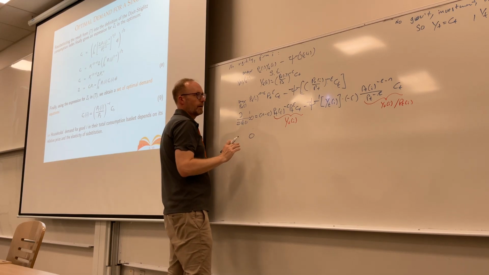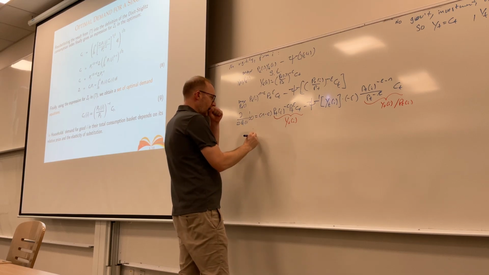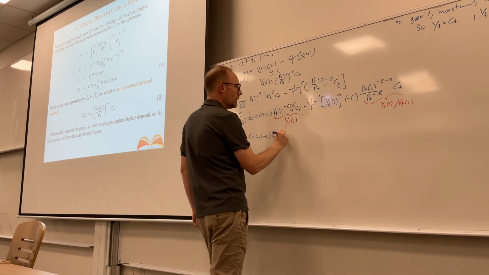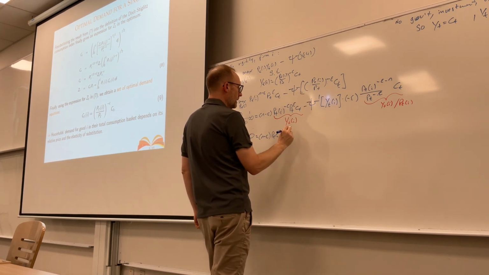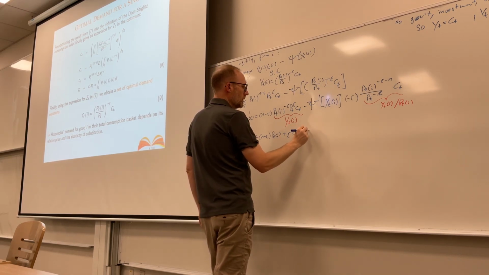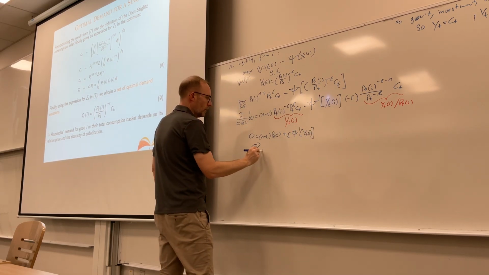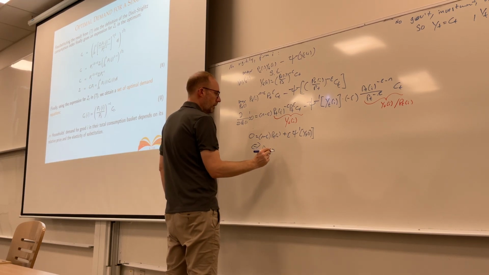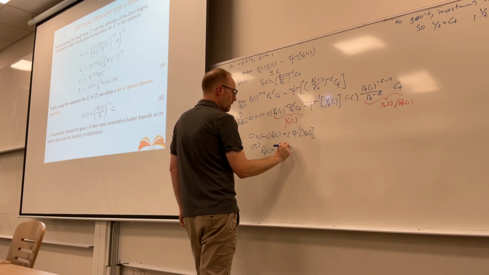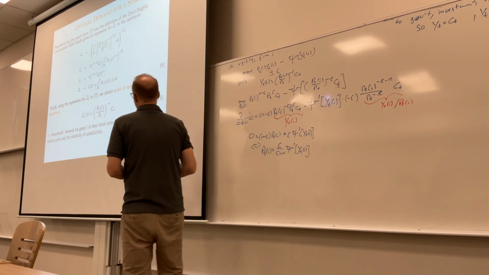All right, so we can divide through by Y_t(i), multiply through with P_t(i), and we get 1 minus epsilon P_t(i) plus epsilon marginal cost, or P_t(i) equals epsilon over epsilon minus 1 times marginal costs.